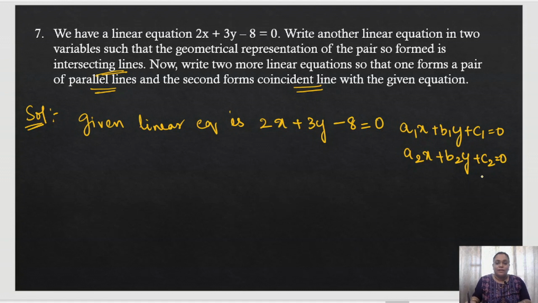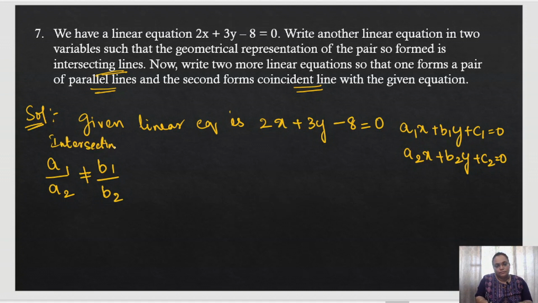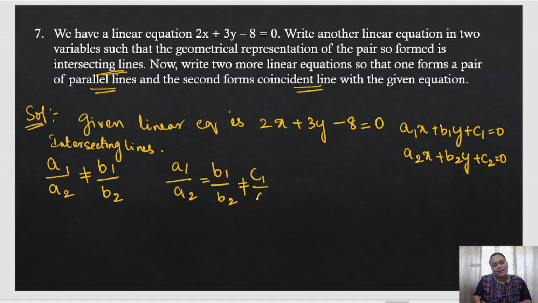Okay. So from here, if we want to find the ratios, a1 by a2 is not equal to b1 by b2. So this condition is for the intersecting lines. And the next condition is a1 by a2 is equal to b1 by b2 is not equal to c1 by c2.